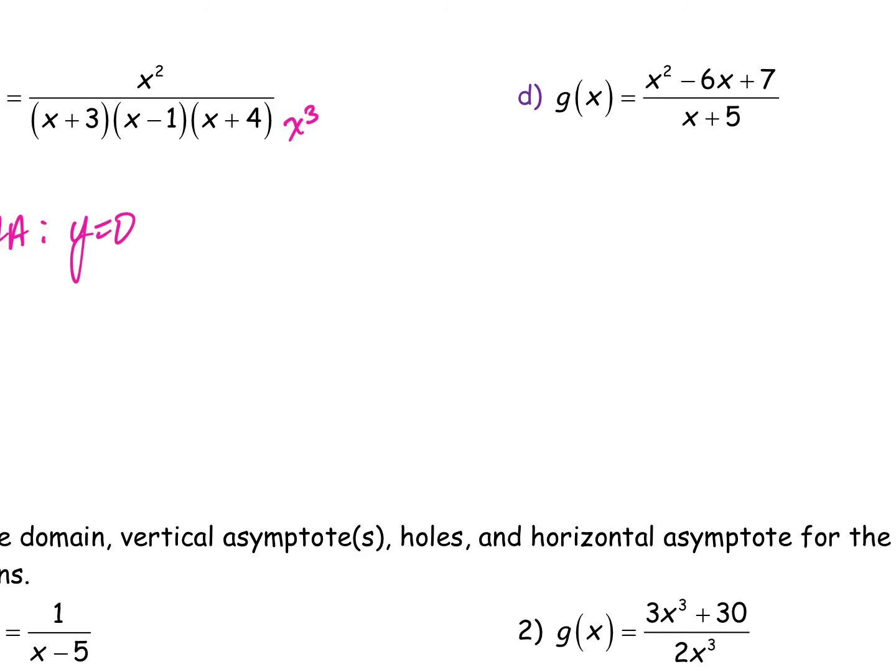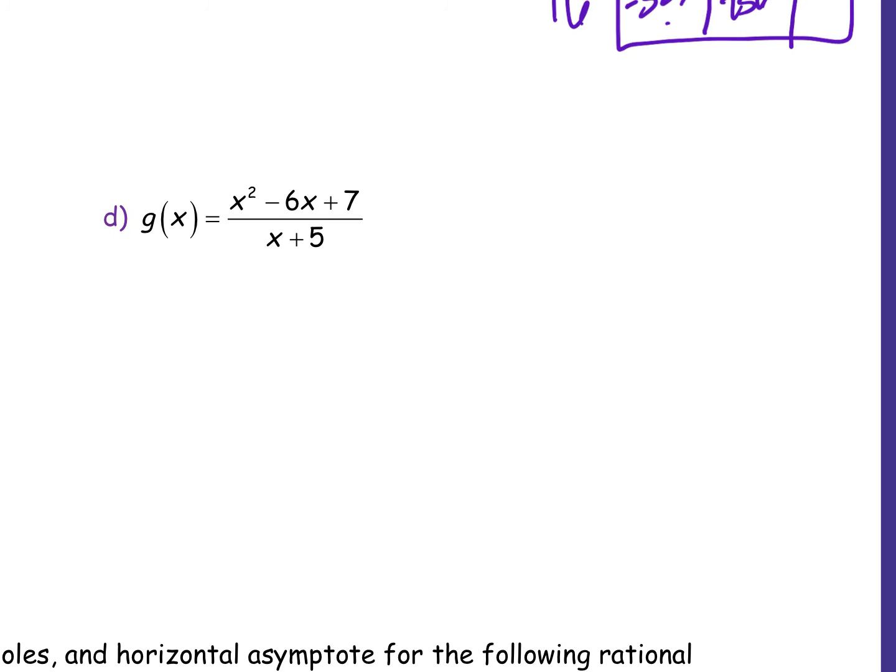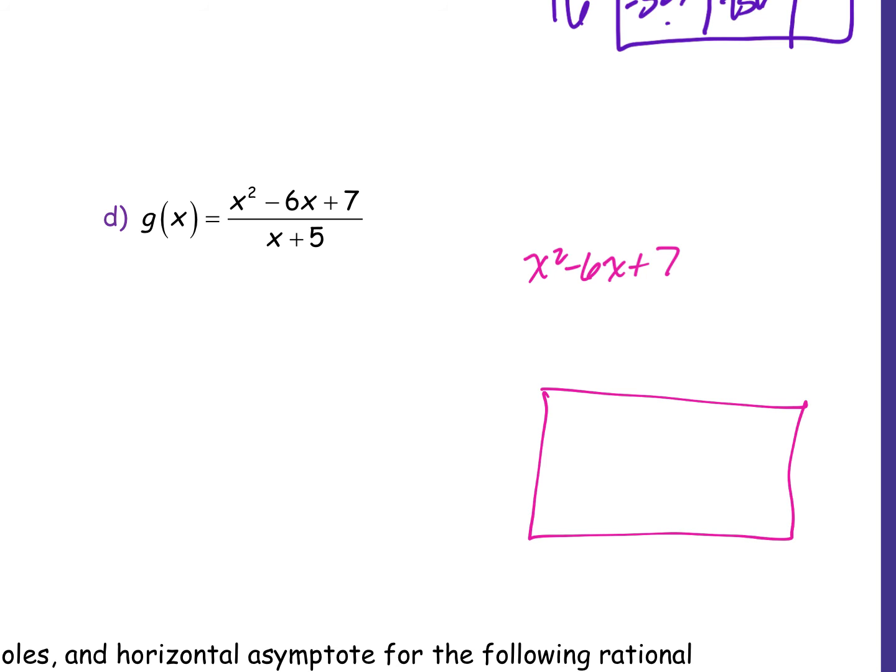And then for D, the top is bigger than the bottom, so I'm going to divide, right? So I've got x squared minus 6x plus 7, and I can do the box method. I've got x plus 5, and I need to get x squared, so I multiply by x. So this is 5x. What do I add to 5x to get negative 6x?